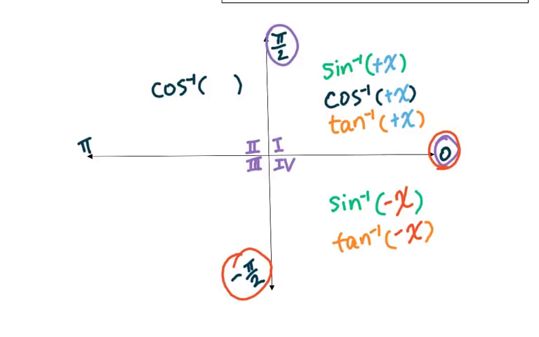When the domain for inverse cosine is a negative number, then the range will be between pi over 2 to pi. In other words, when domain for inverse sine, cosine, tangent are positive, then range will be reference angle.